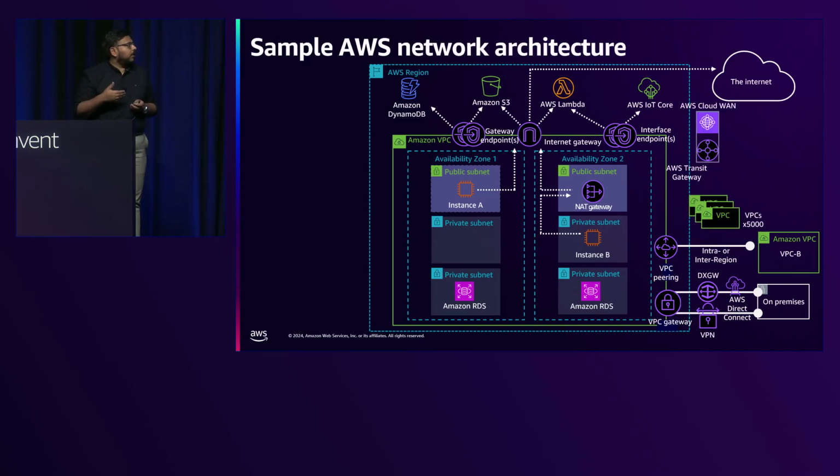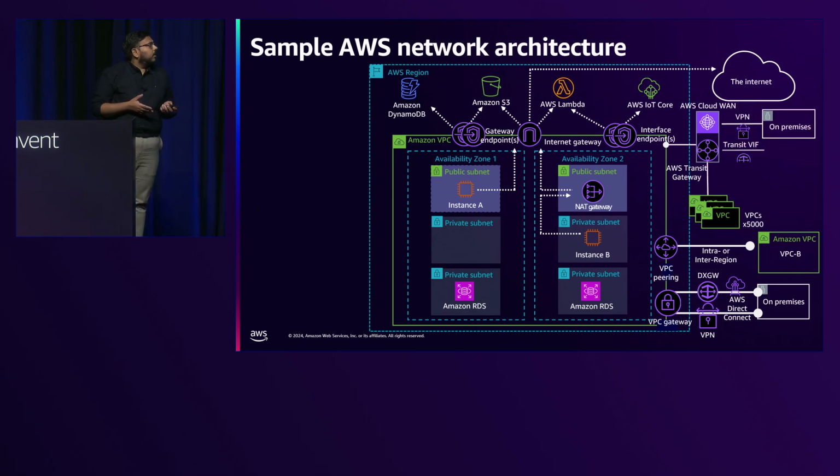Finally, as customers start scaling, they might be in scenarios where they have hundreds or thousands of VPCs. In those cases, for simplifying management of so many VPCs, Cloud WAN and Transit Gateway are some of the most common services used for connectivity.